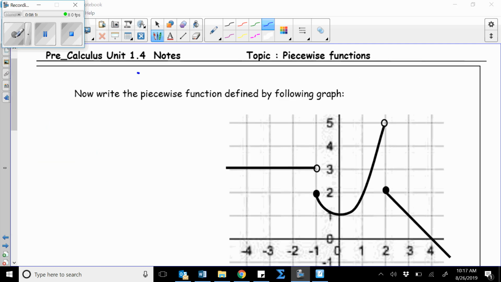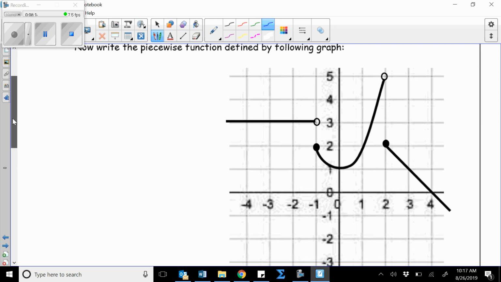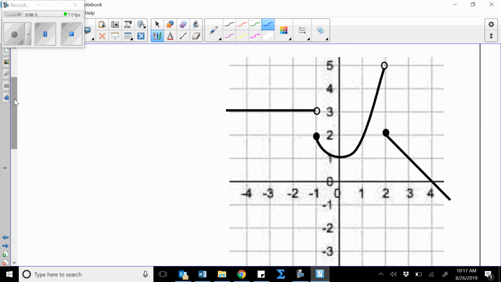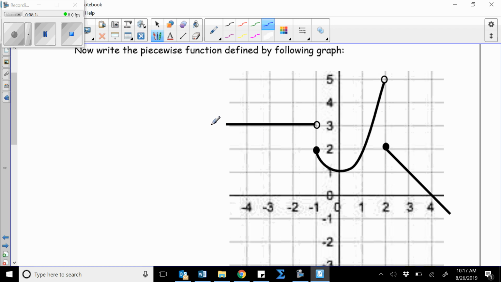This time we have a graph of a piecewise function, and we want to write the equation for that. As you notice, we have 3 different pieces, so I'm going to write f of x equal to, and then I open a long bracket. Then I start with the first one on the left. So we know this is a constant function.